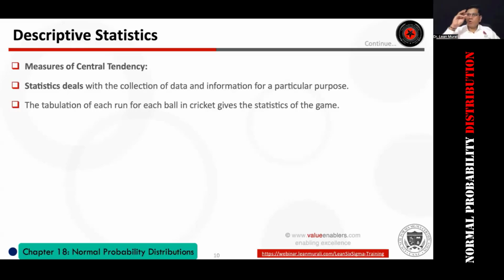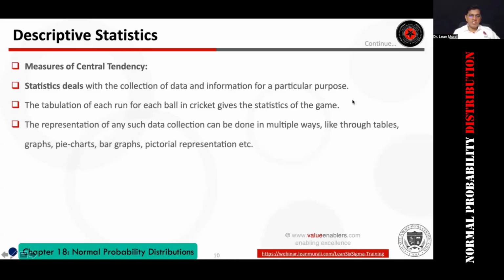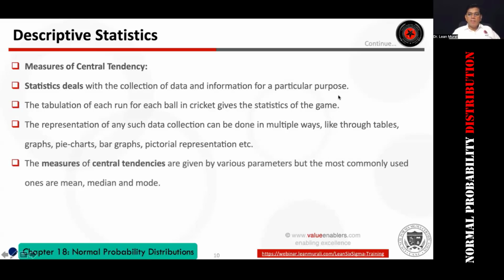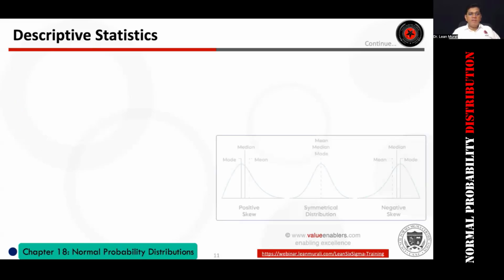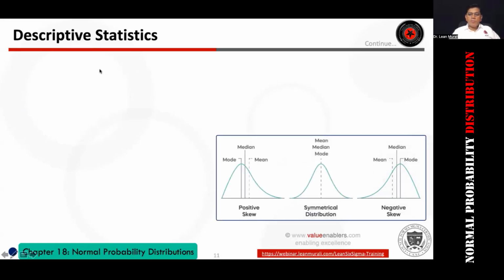This ball is a white ball, this is 2 runs, this is 3 runs, this is 4 runs, etc. The representation of such data can be done in multiple ways through tables, graphs, pie charts, bars, etc. We have seen these different graphical representations in our earlier chapters. The measures of central tendency are given by various parameters commonly known as mean, median, and mode. We have seen mean, median, mode, right? Now I'm going to explain what is mean, median, mode.